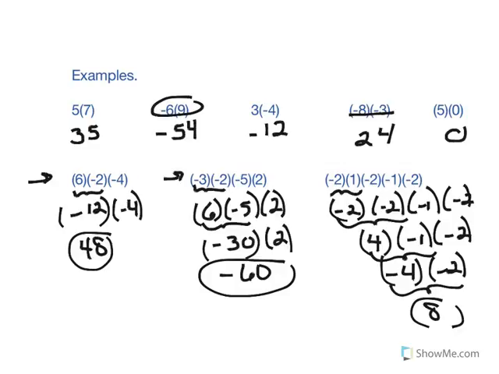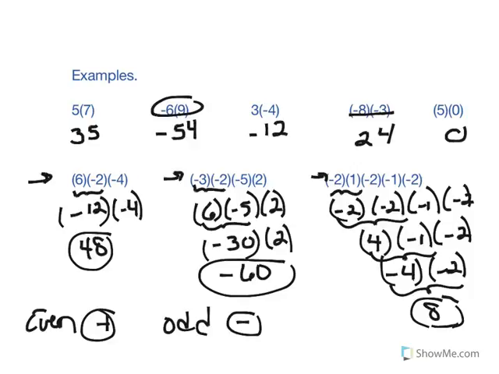Our answer is negative. And here we have 1, 2, 3, 4, which is even, and our answer is going to be positive. So the rule is, if you have an even number of negative numbers being multiplied together, it's positive. And if you have an odd number of negative numbers being multiplied together, your answer is going to be negative.